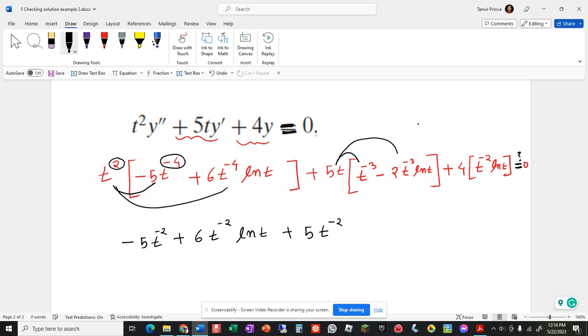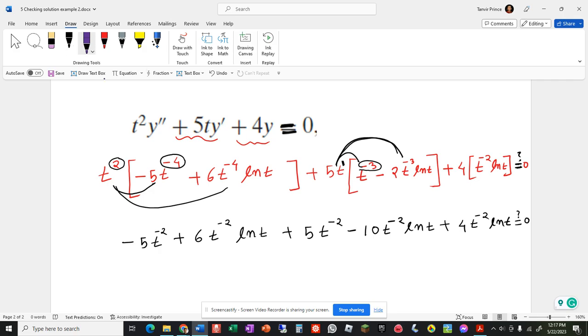Remember, there's an invisible 1. So when I add negative 3 plus 1, I get negative 2. I multiply with this one, I get negative 10 t to the power negative 2 ln t plus 4 t to the power negative 2 ln t. Is this equal to 0? That's the question.